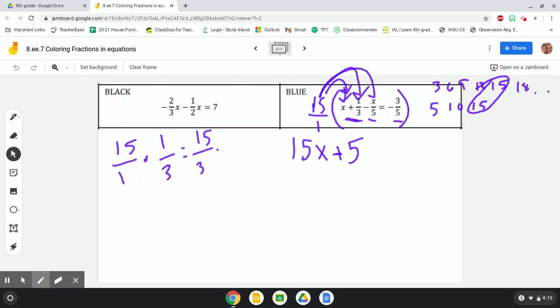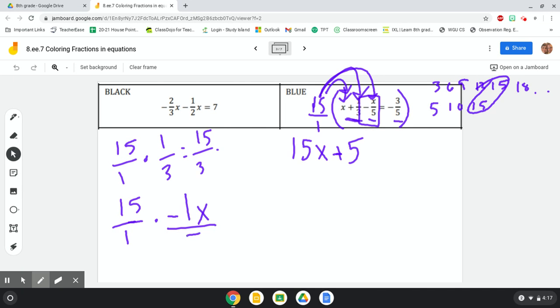Next, I go to 15 times a negative x over 5. Okay, so I have 15 over 1. Again, you're going off to the side. Times a negative. So remember that negative I either want to put on the numerator or denominator, but not both because I want to keep it negative. So I'm going to put it on the numerator. And that says x. But remember, I can put a 1 here. And anytime there's x by itself or a variable by itself, put that 1 in front of it.